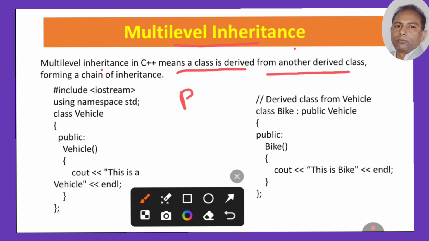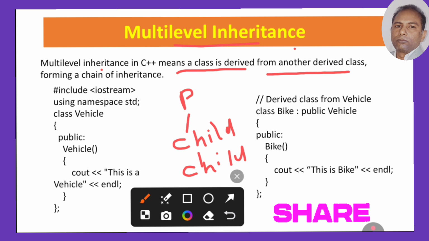Means one is parent, then we have a child, and from that child we again derive another child. Means we are deriving the class from the derived class, forming a chain of inheritance. So there are many levels of inheritance, so that's why it is known as multi-level inheritance.